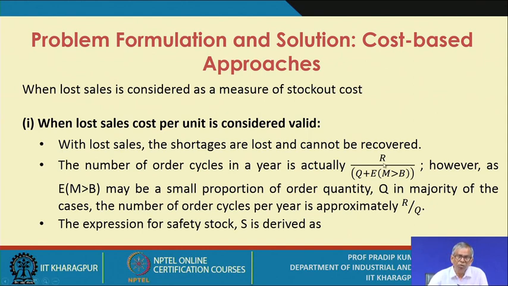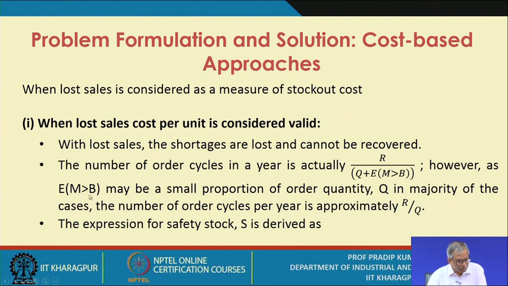So that's why, in the lost sales case, when you try to compute the number of order cycles per year, the expression is R divided by Q plus the expected number of units short. These notations we have been using throughout.